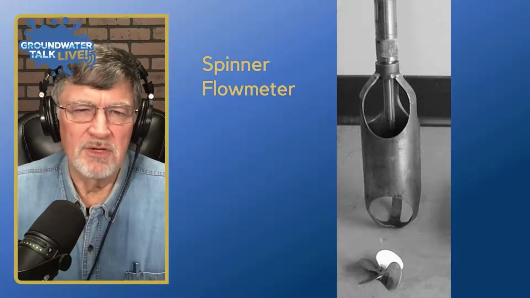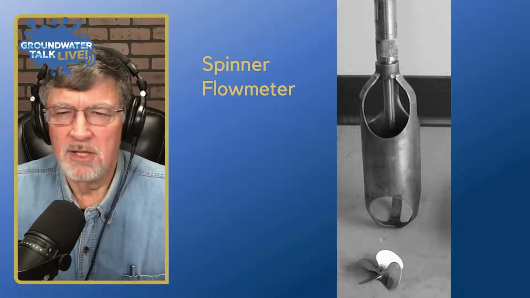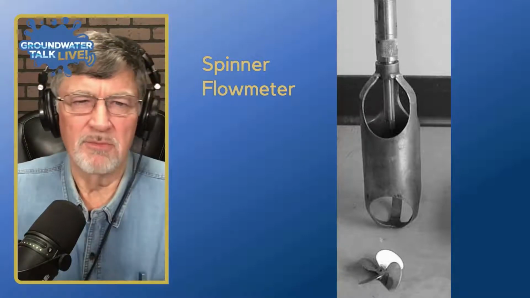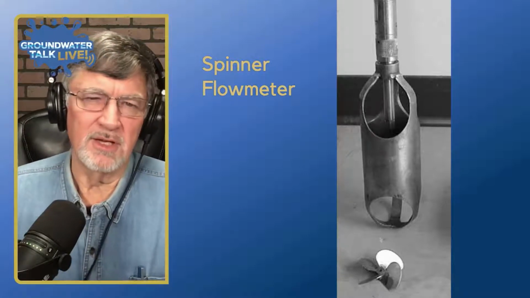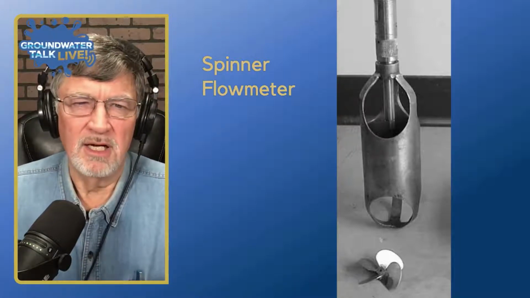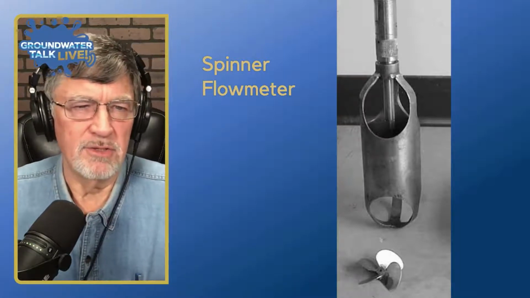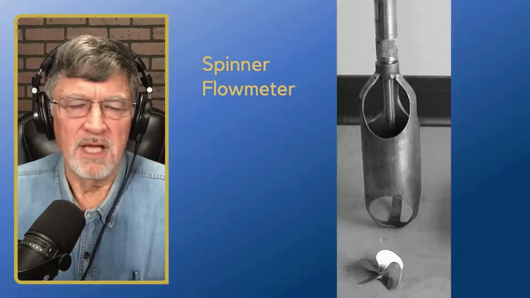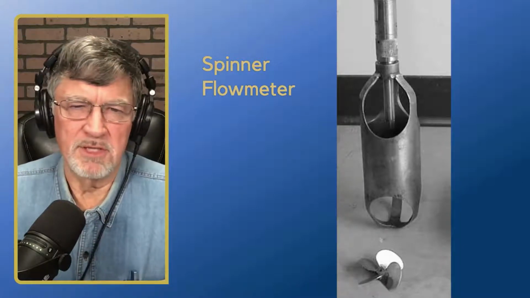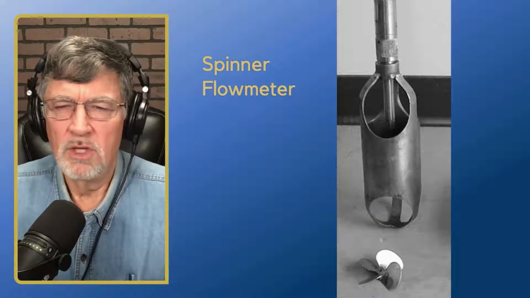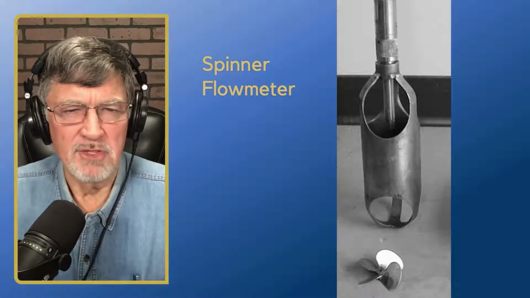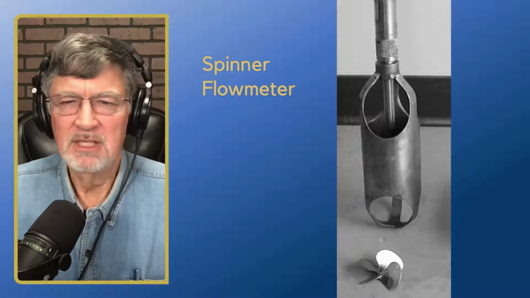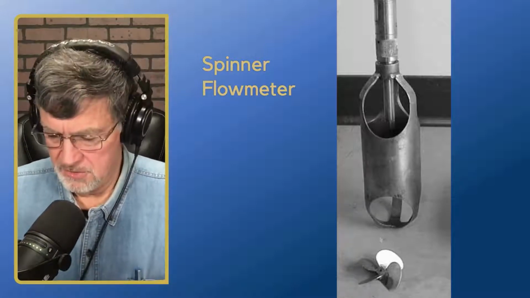So obviously the greater the flow, the faster it's going to spin, and so you're going to get basically a reading in counts per second that you're going to need then to interpret to get to the gallons per minute in that specific zone, and so we'll run these things up and down so we can compare the readings going down as well as back up, and you're going to get kind of a continuous log.